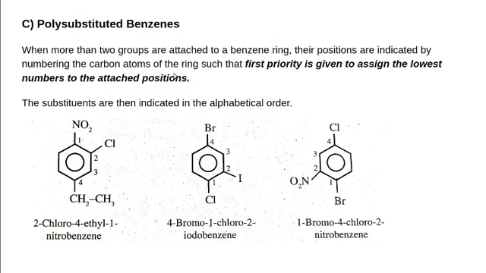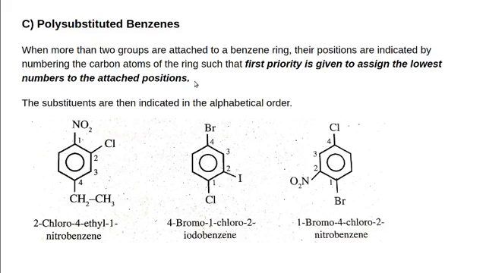Then what about the naming of polysubstituted benzenes? When more than two groups are attached to a benzene ring, their positions are indicated by numbering the carbon atoms of the ring such that first priority is given to assigning the lowest numbers to the attached positions.